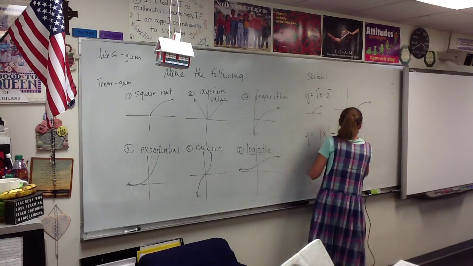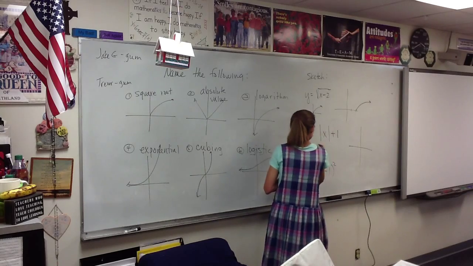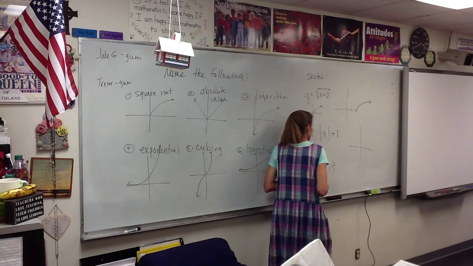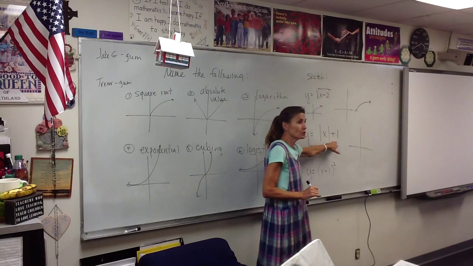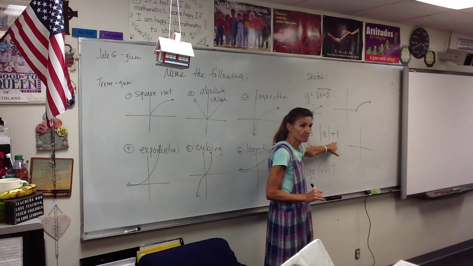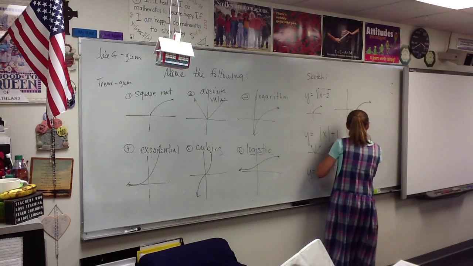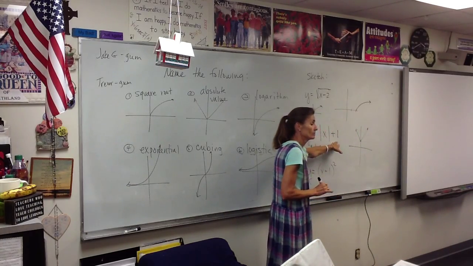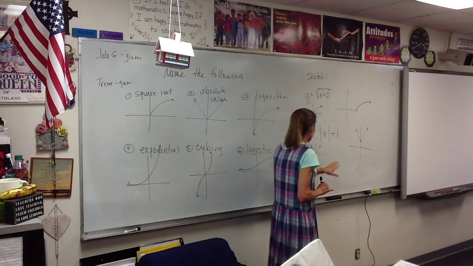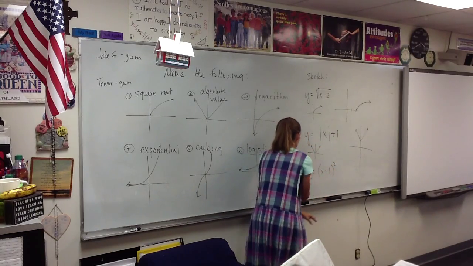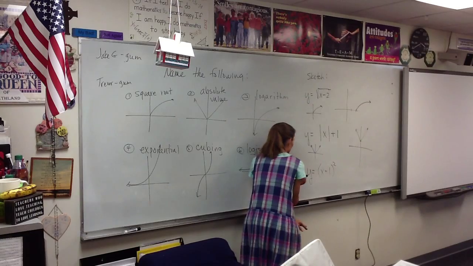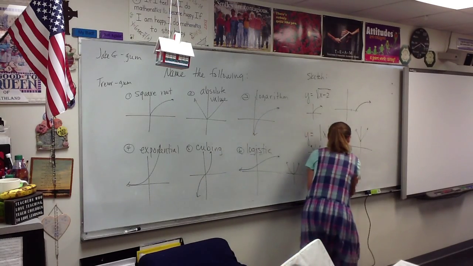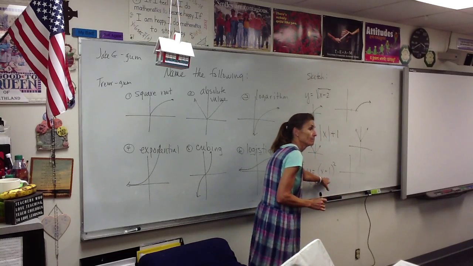All right, what shape is this one going to be? It's an absolute value, so it will be a V. What are you going to do with that V? Up 1. So you're going to come up 1 and sketch it. What shape is this? Square. It's a parabola. What are you going to do to your parabola here?